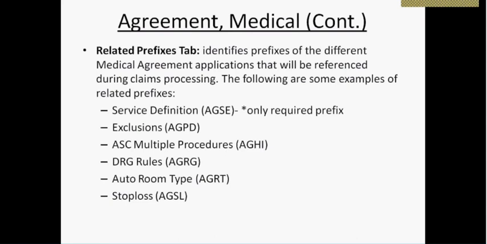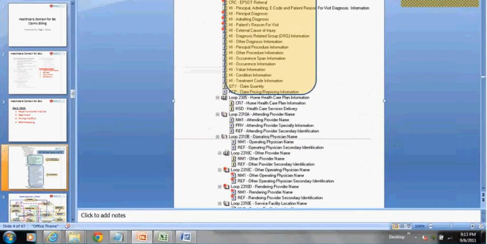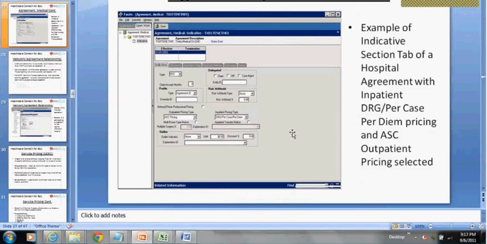So let us see this screenshot here. I'm going to expand it so you can see more details. This screen shows you the different indicator section tabs.